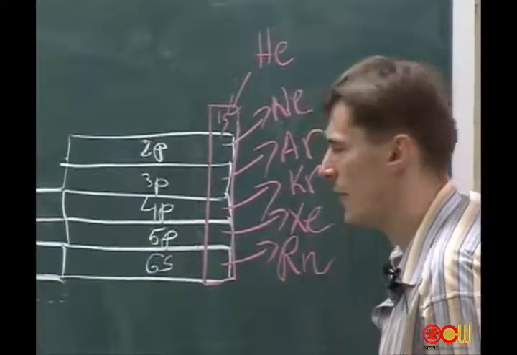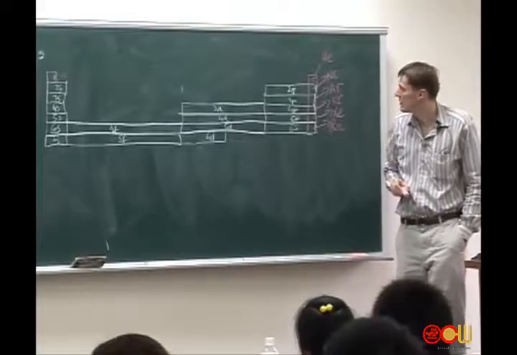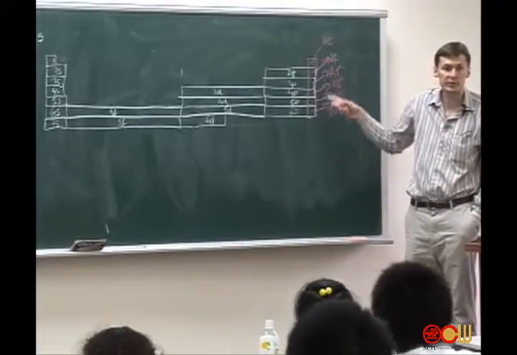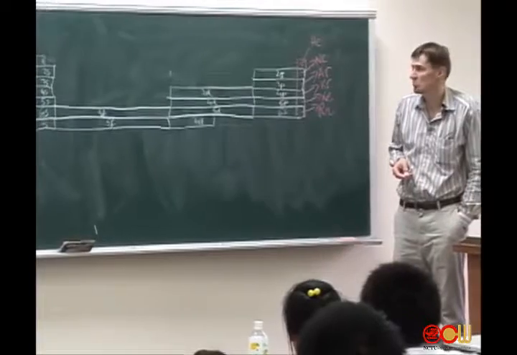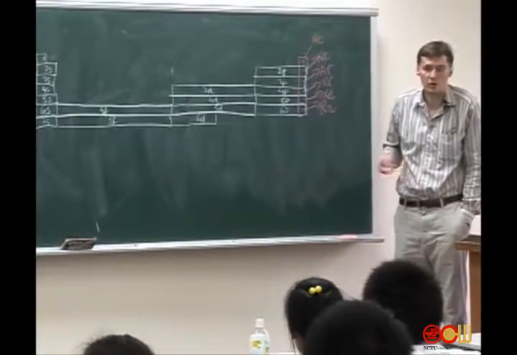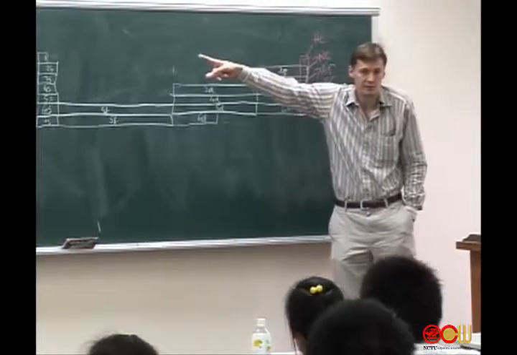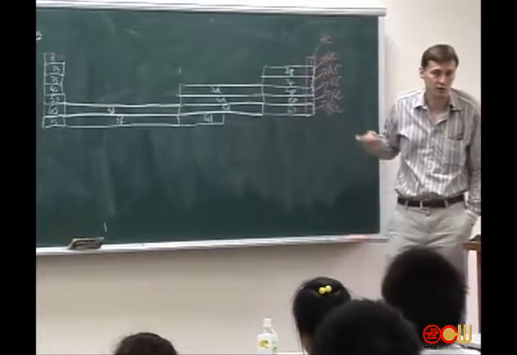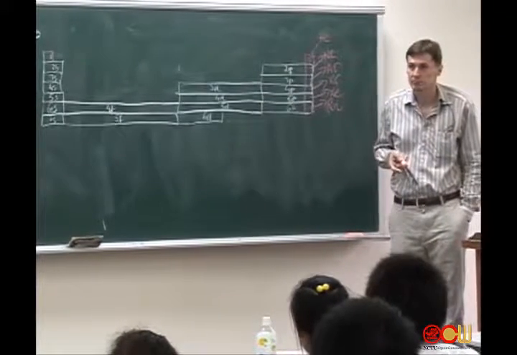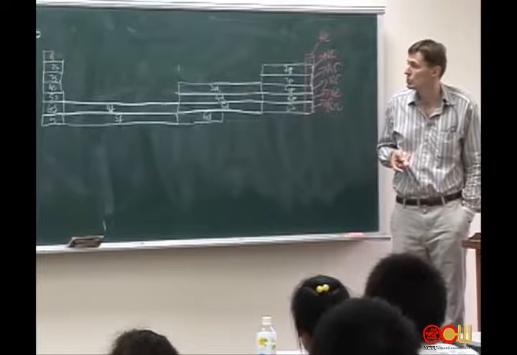Rd or Rn? Rn. So they have very similar properties. But generally there is no special reason to put this one here. It should be there. Just by tradition, it's here. Good.